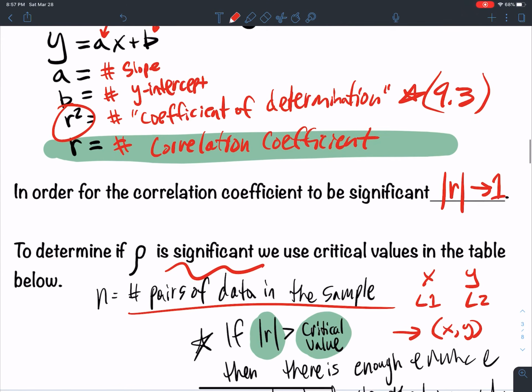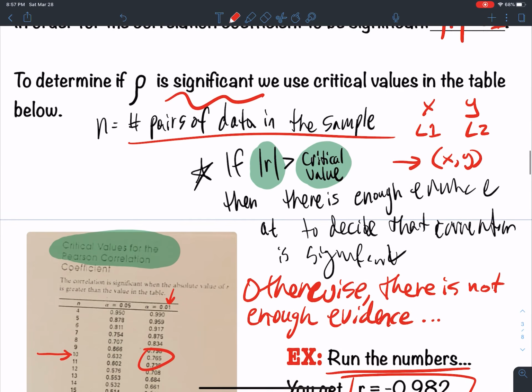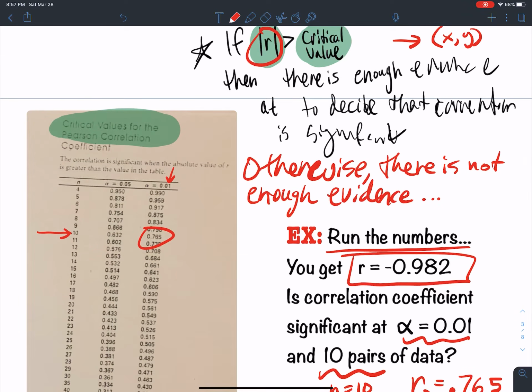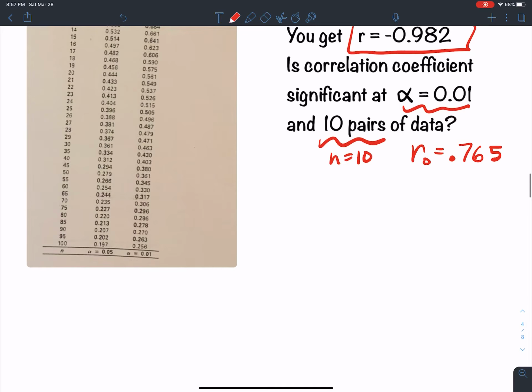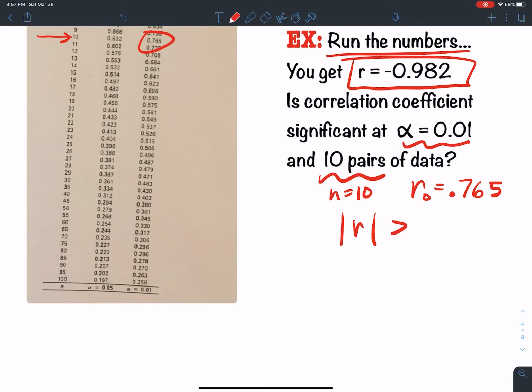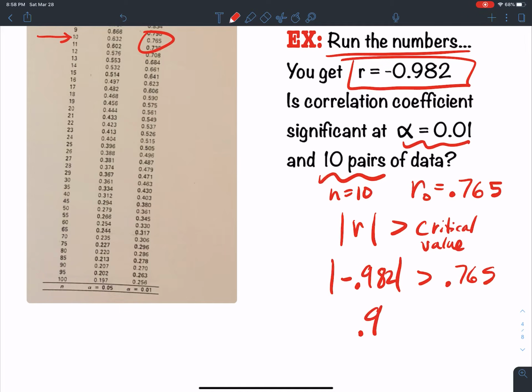The test says that if the absolute value of R is greater than the critical value. The absolute value of R, that's the absolute value of negative 0.982, greater than 0.765. So what does the absolute value do? It gets rid of the negative. So is 0.982 greater than 0.765? Yes. So what does that tell me?